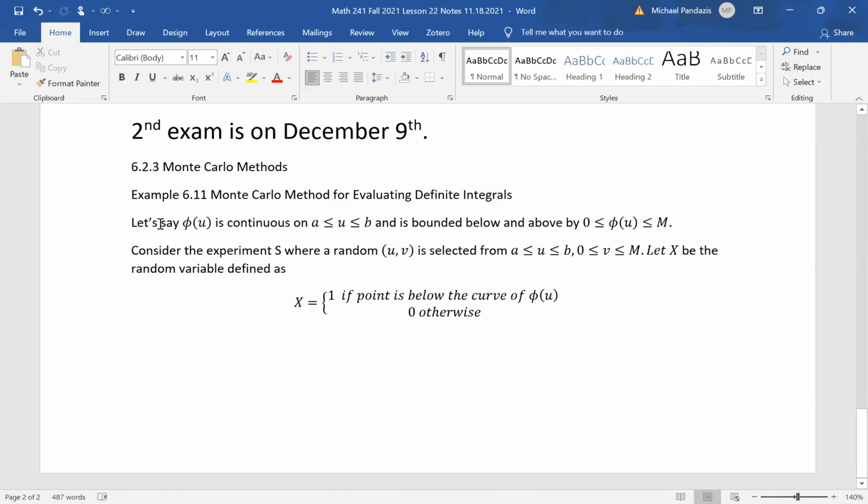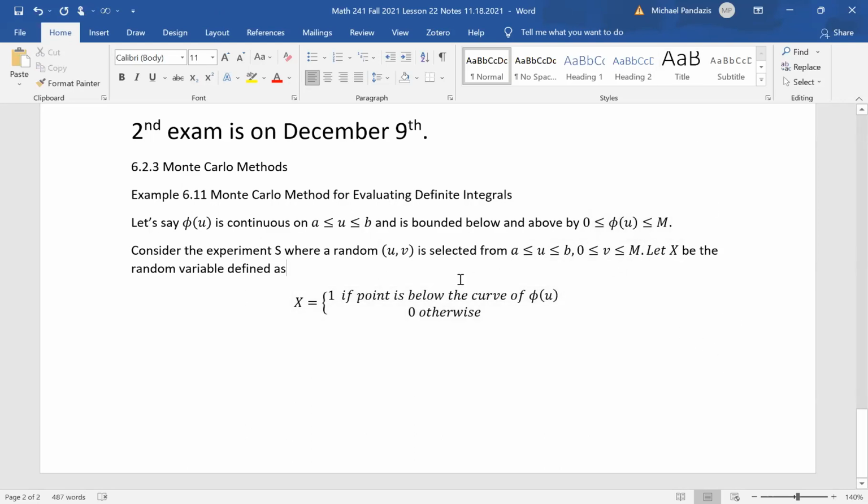Say phi of u is continuous on an interval from a to b and is bounded below by 0 and above by capital M. We have an experiment S where we take a random point from this rectangle, where the first coordinate u is between a and b, and the second coordinate v is between 0 and M. The length goes from a to b and the height from 0 to capital M.